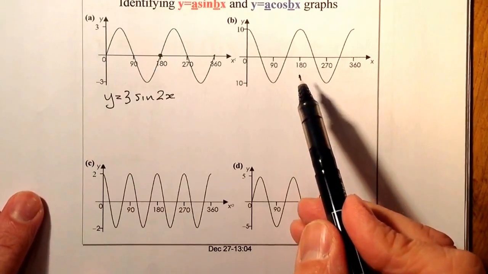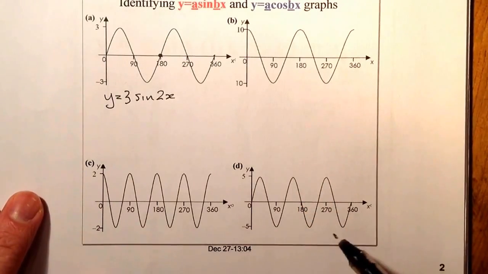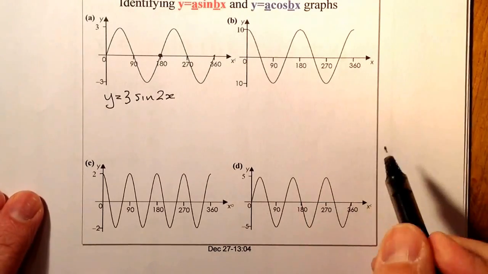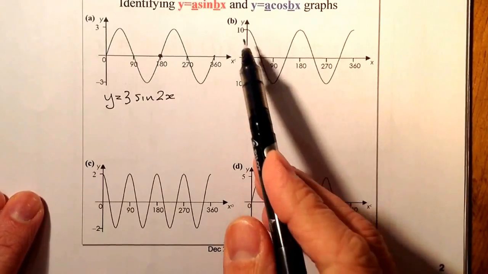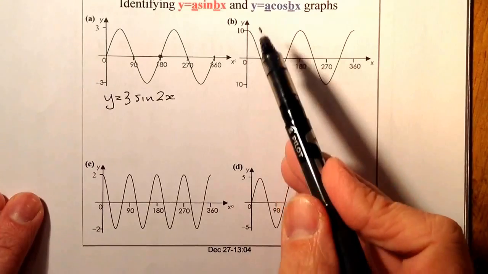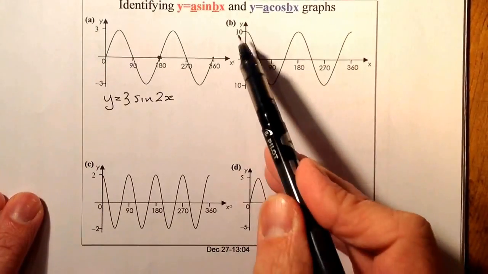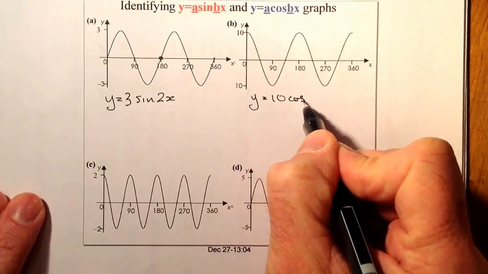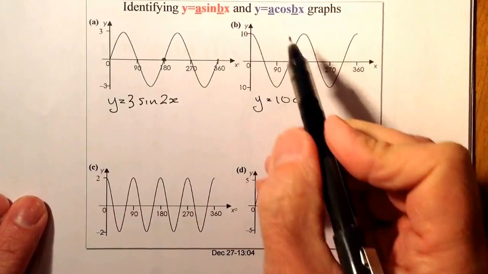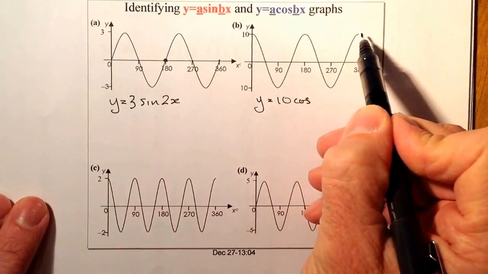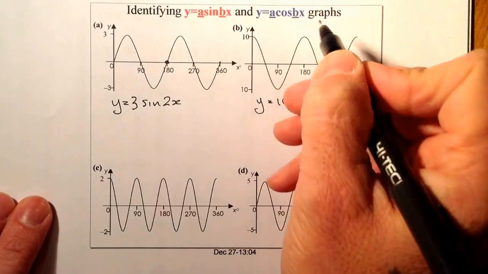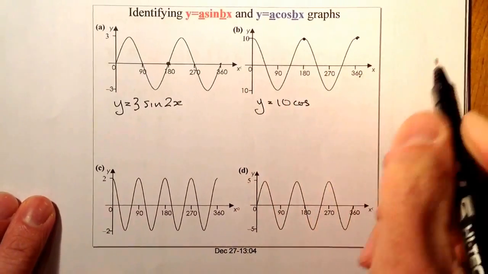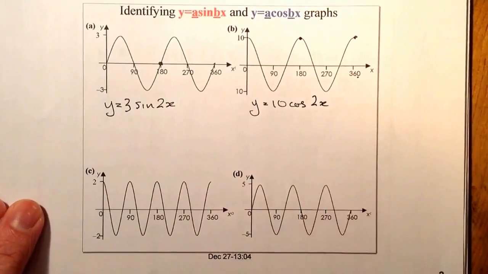Looking at this graph here, and again you can freeze it and try the questions yourself. This graph is looking like a cosine graph. It's going up to 10 and down to minus 10, so it's going to be a 10 cosine, and I can see that there are two periods in 360, one to there and another one to there, so that's going to be 2x there.